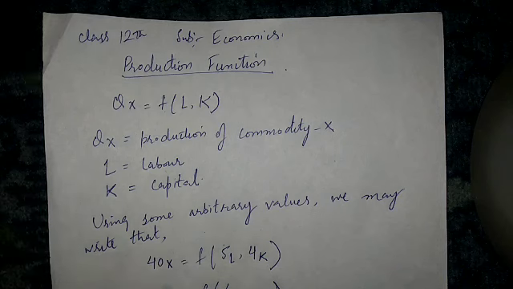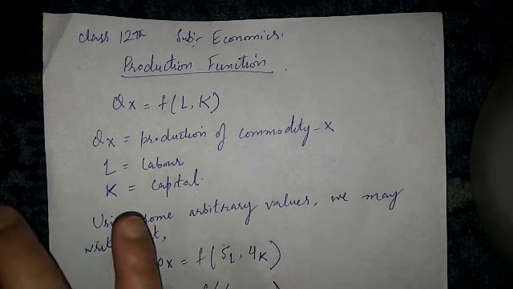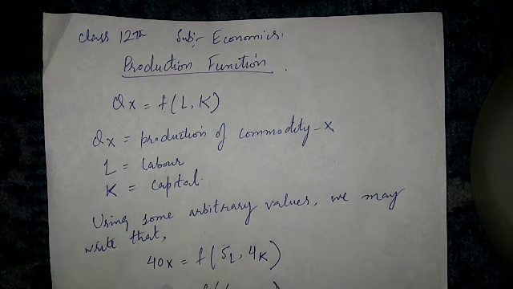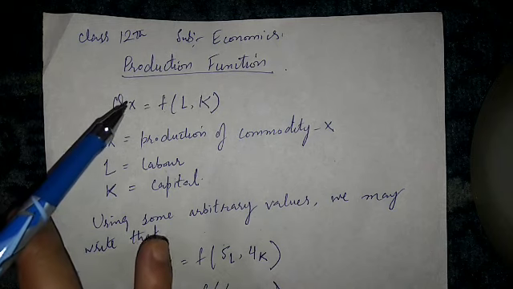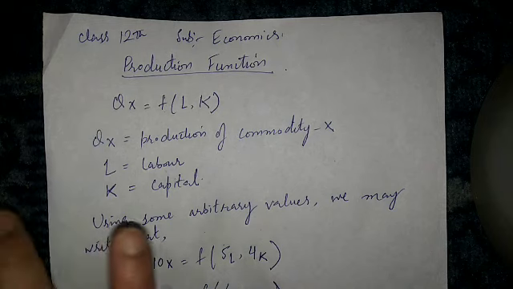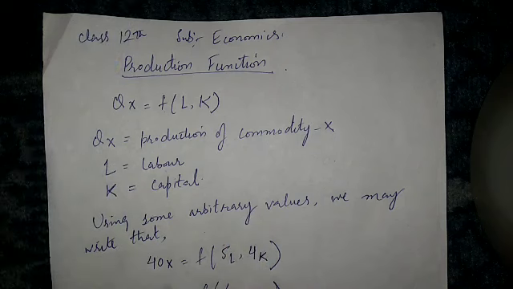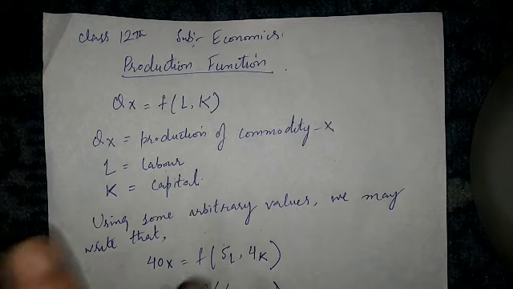Thus, production function studies the functional relationship between physical inputs and physical outputs of the commodity. In other words, it's a technical relation between a firm's production, that's output, and the material factors of production, that's input.